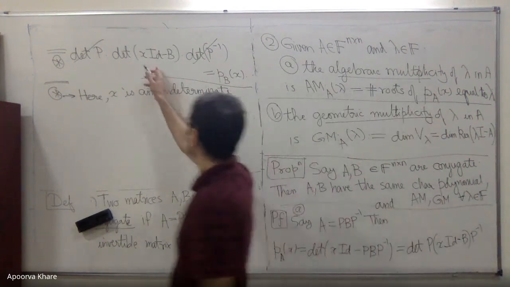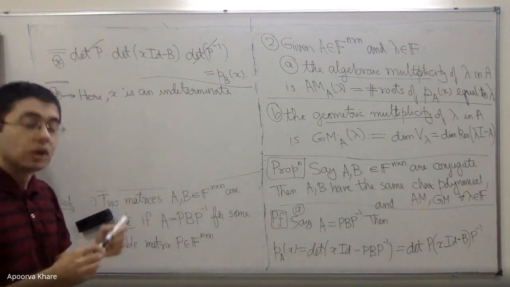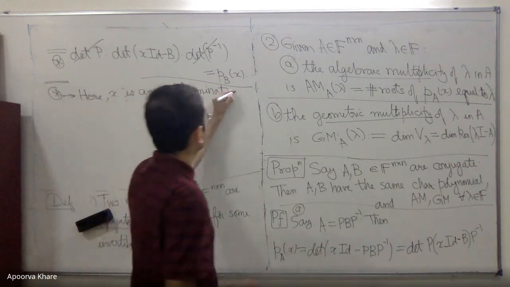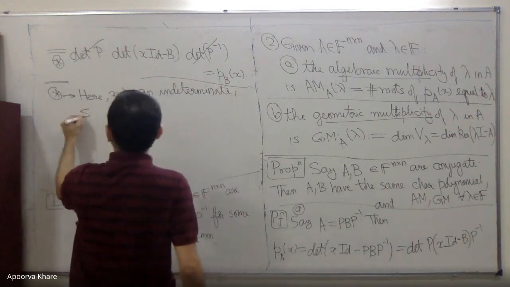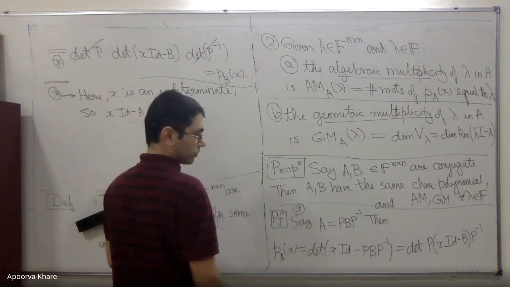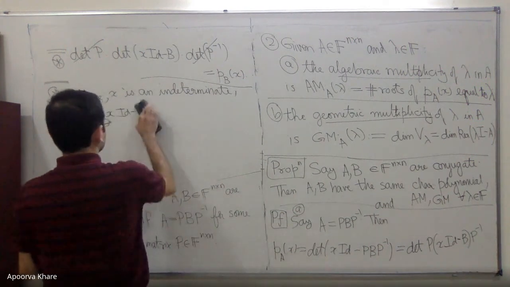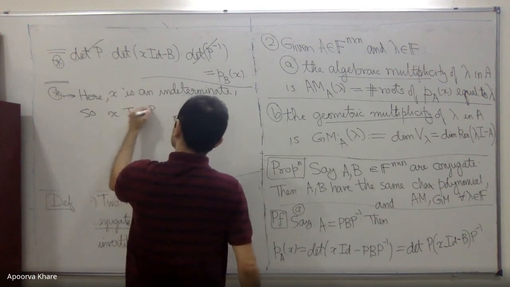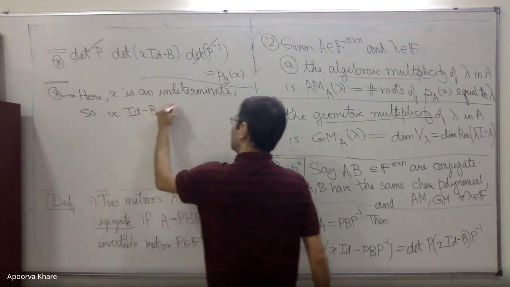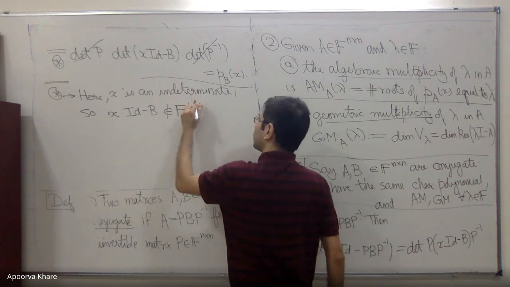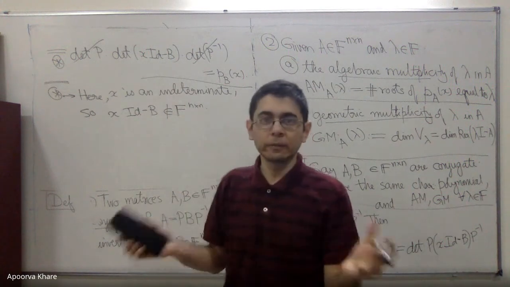So x actually is a variable, it's indeterminate, which means that if you look at x times identity minus A, B, whatever, for instance, this is not in F to the n cross n. So how do you talk about the determinant and that the determinant is multiplicative?